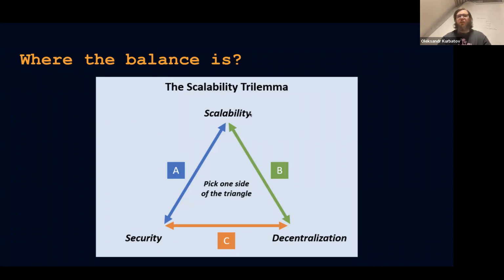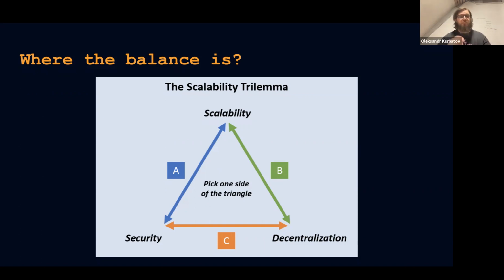Your system can be really scalable, just imagine Solana or Near protocol, but this system is not as decentralized as we wanted. It's pretty secure, it's scalable, but it can be not so decentralized. It means that the system can deny service for hours, for days, etc.